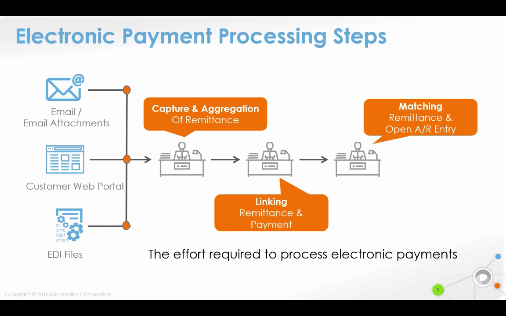And then once that remittance is captured, then the second step is that remittance needs to be linked to the payment. So once the payment and the remittance are linked together, then the third step is that linked file needs to be matched to the open invoices that are in whatever enterprise resource planning system that you have, whatever ERP you're running. So this would be the effort that's required.